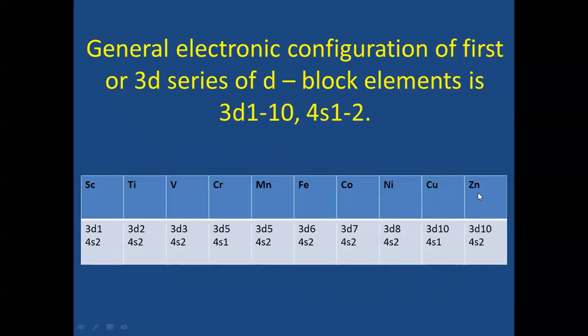Now coming to zinc, after 29, the 30th electron is the last electron for zinc. Argon means 18 electrons plus 12 electrons. Out of 12, 2 will enter the s sublevel and 10 will enter the d sublevel. So in this element, the electronic configuration is completely filled. Later we will take the color or magnetic property.